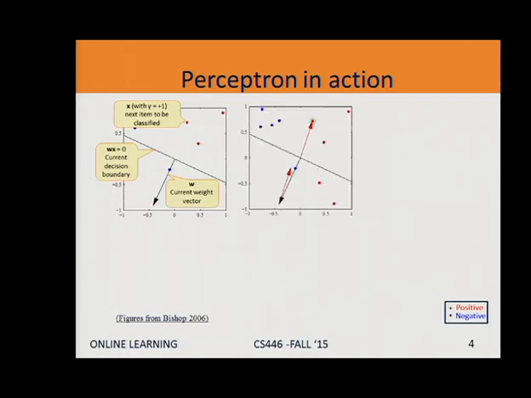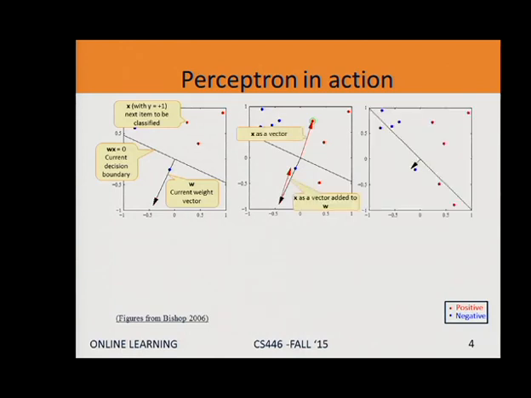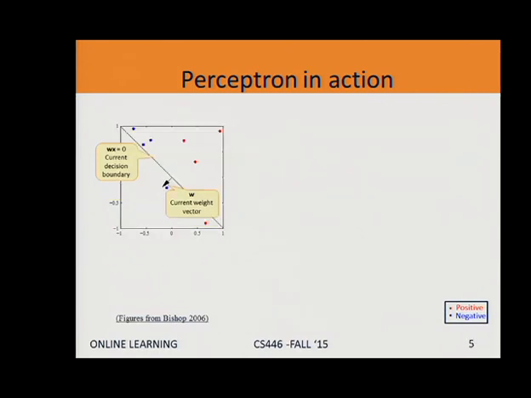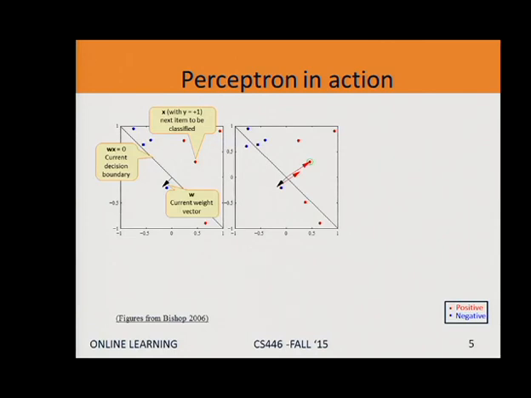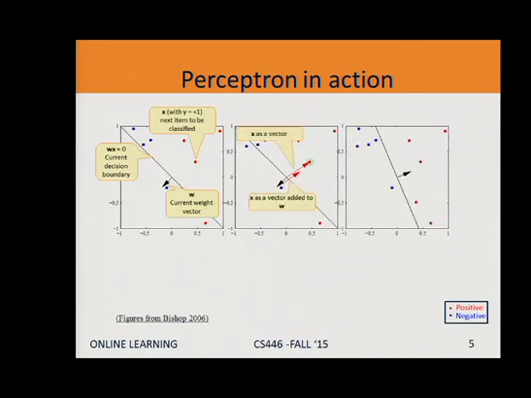I made a mistake on a red point, a positive point, so I'm adding the example X to W, and I get this as my new hypothesis. Now we can continue. Here is another positive example that we made a mistake on because it's on the wrong side of the hyperplane. Again, I add it to my current hypothesis, and I get this hypothesis. This is already enough. Okay, so that's the algorithm. Questions on the algorithm?